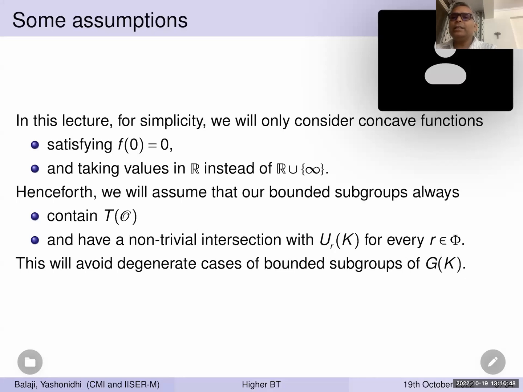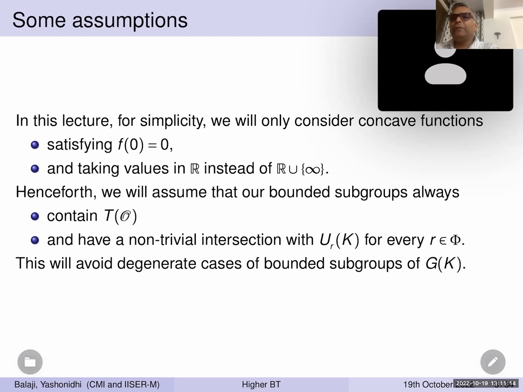This will avoid degenerate cases of bounded subgroups of GK. For instance, we want to avoid some SL2 sitting in SL3 thought of as a bounded subgroup. So these assumptions and their analogues will be in vogue throughout the lecture from now on.